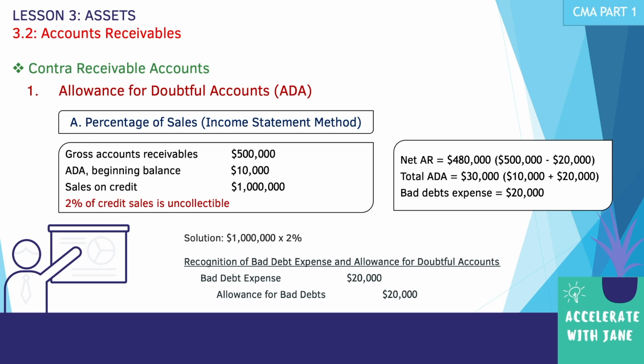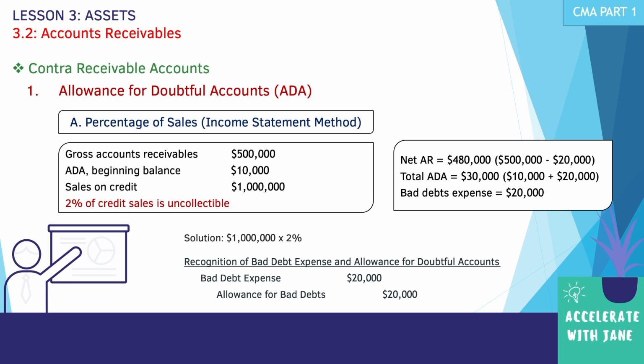So now if we are asked about the ending balances after booking the adjustment, the net AR or the net realizable value of AR is equal to 480,000 US dollars, which is computed by simply deducting the ending balance of allowance, which is 20,000 US dollars, against the gross amount of accounts receivable of 500,000.